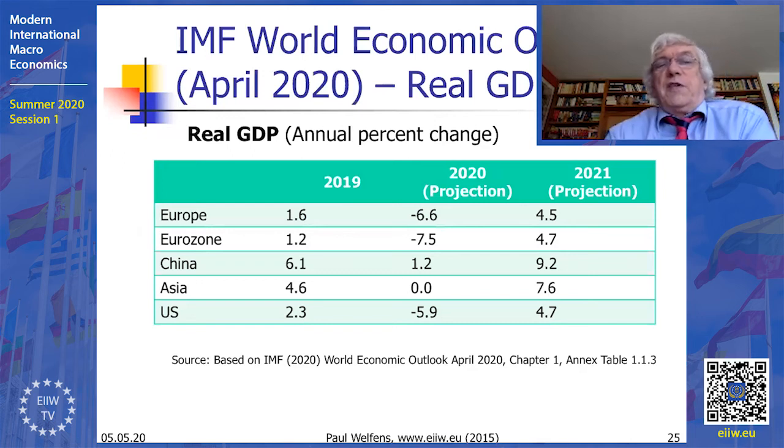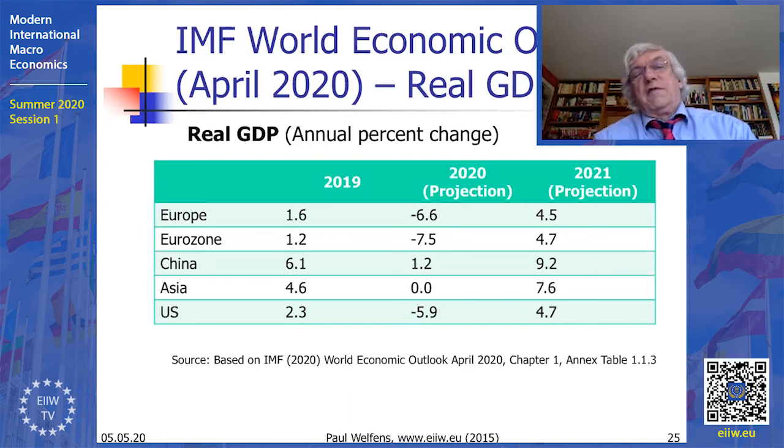Here we have some figures from the World Economic Outlook, April 2020, and we just see here the projections for Europe, minus 6.6% growth rate in 2020, Eurozone minus 7.5%, China roughly plus 1% instead of 6%, which they had in 2019.